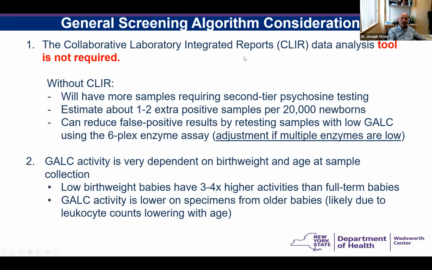It was originally developed for looking at all amino acid and acylcarnitine disorders, but they've applied it quite well to screening for Krabbe disease. What that does is essentially take some of the issues that I talked about, compare the GALC results for birth weight and age, and then ratios to all of the other enzymes, and determine how real this is, or whether it looks like a Krabbe case or a false positive case.